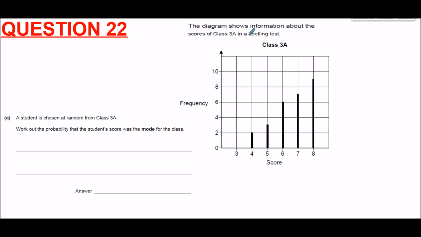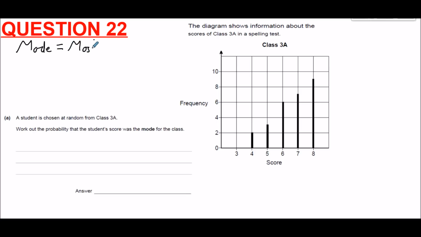Question 22. We have got a diagram about scores of class 3A in a spelling test. So part A, a student's chosen at random from the class, work out the probability that the student's score was the mode for the class. And so what we need to do first of all is just think about what the mode means. Mode will always mean the most common.